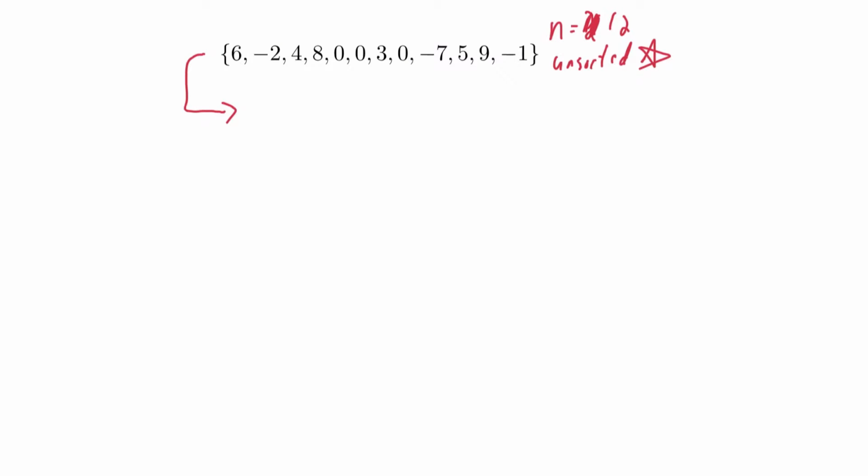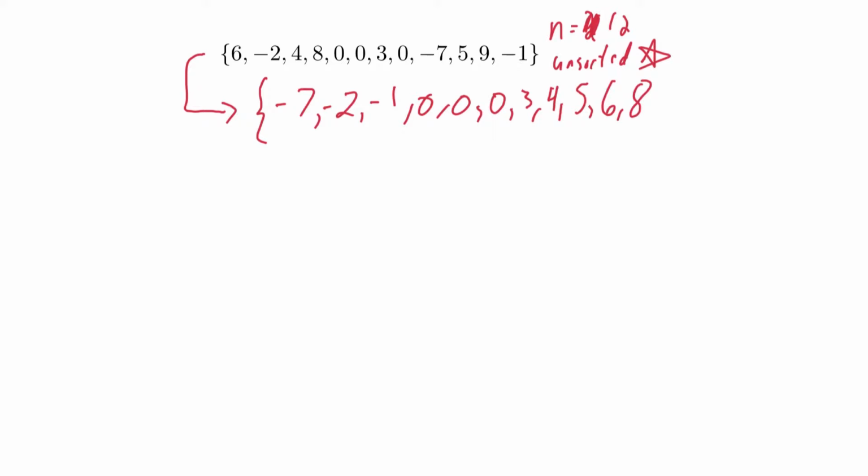The data can be unsorted in that case. But let's sort it. So this is -7, -2, -1, 0, 0, 0, 3, 4, 5, 6, 8, 9. Okay, and now we're in good shape to compute everything.